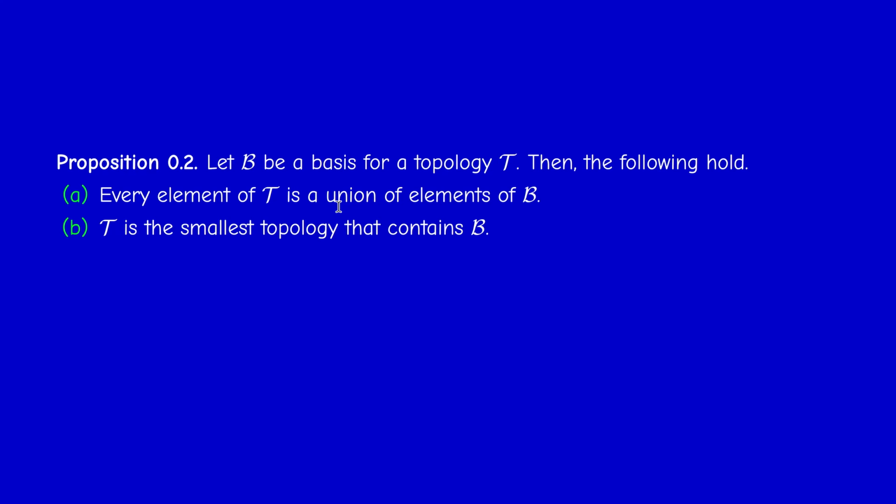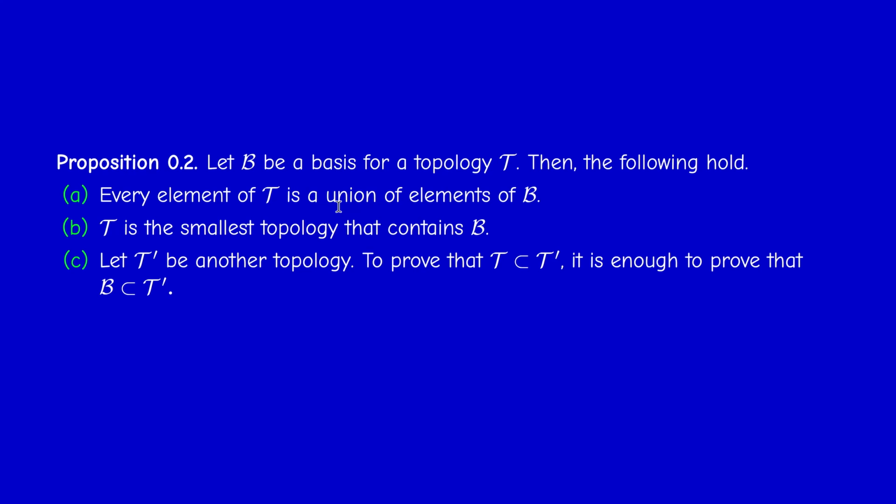And the second thing is that T is the smallest, or coarsest, topology that contains B. This is a methodology actually: if T prime is another topology on X, and you want to prove that T prime is finer than T, then it's enough to prove that T prime contains B. This is also trivial.